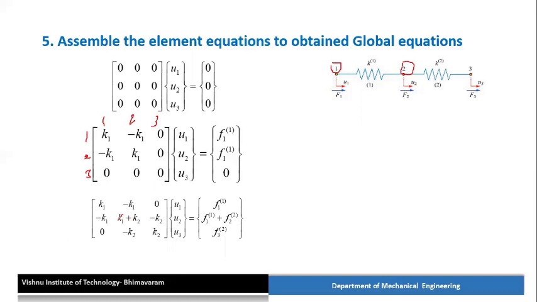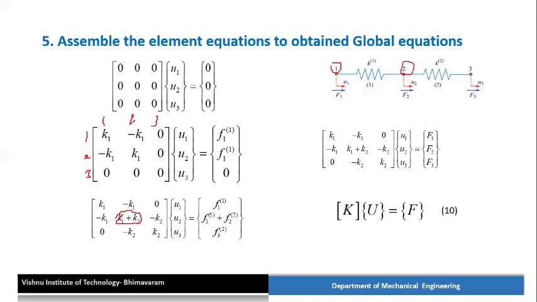That is why we add K1 plus K2 here. Similarly for the force, and the displacement comes as U2. Finally we can write it as KQ equal to F, with K the global stiffness matrix, Q the nodal displacement vector, and F the force vector.